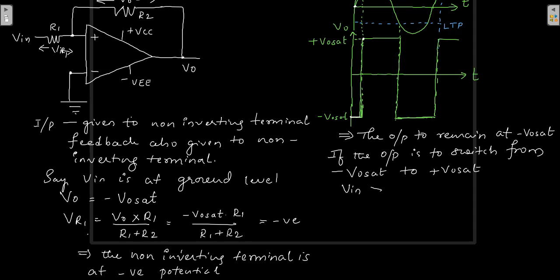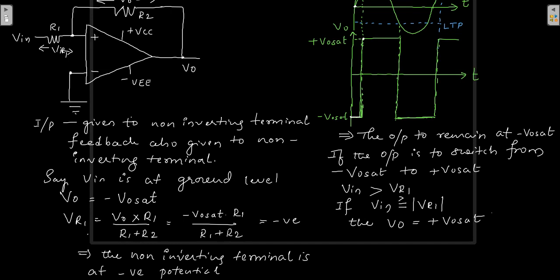V in should be greater than the voltage across R1, because the voltage across R1 is negative. So your V in should be greater than VR1, or you can write it as, if V in is equal to or greater than the magnitude of VR1, then your V naught will now switch to plus V naught sat.